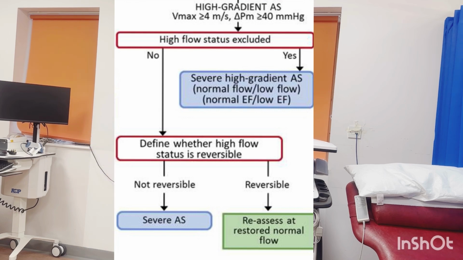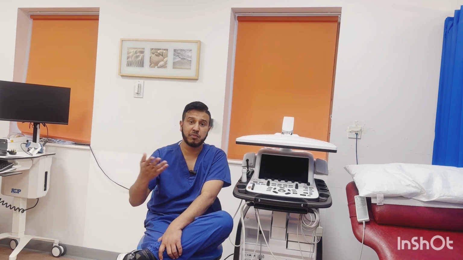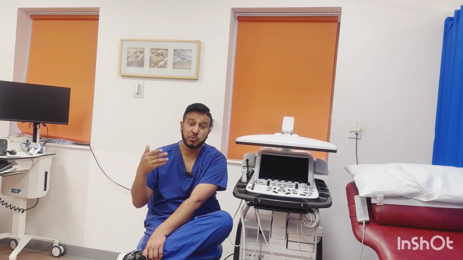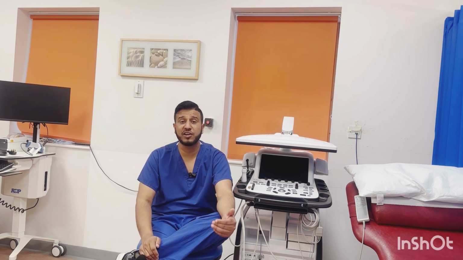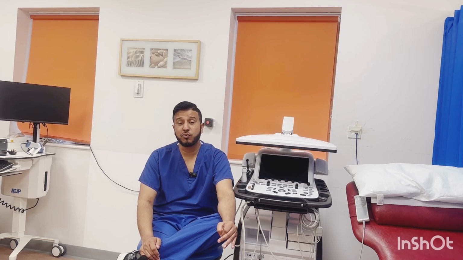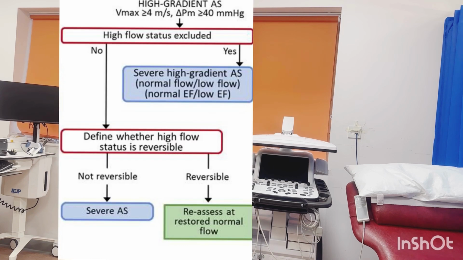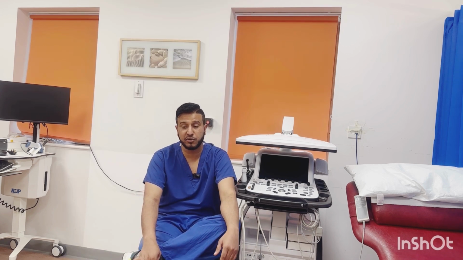But if there are conditions, for example anemia, hyperthyroidism, or any arteriovenous shunts, which are causing high stroke volume, and that high stroke volume could be a cause of high gradients, then you need to look at whether these conditions are reversible or not. If they are not reversible, this is severe aortic stenosis. If they are reversible, you need to reverse them and reassess everything again. So this is your high flow, high gradient aortic stenosis.